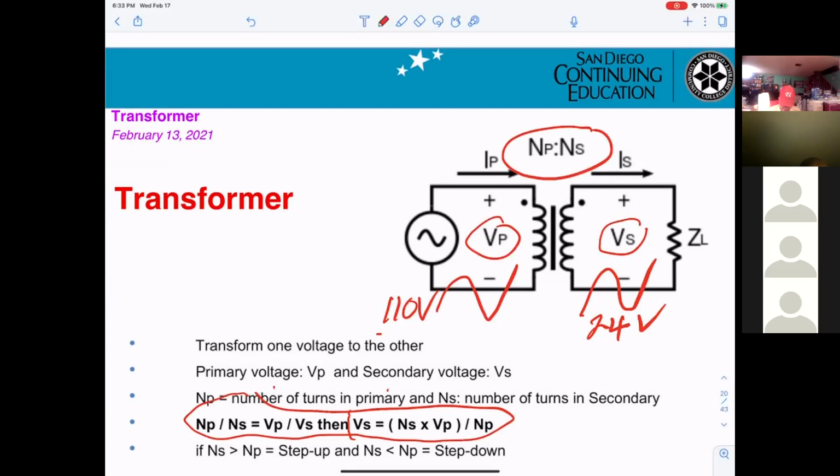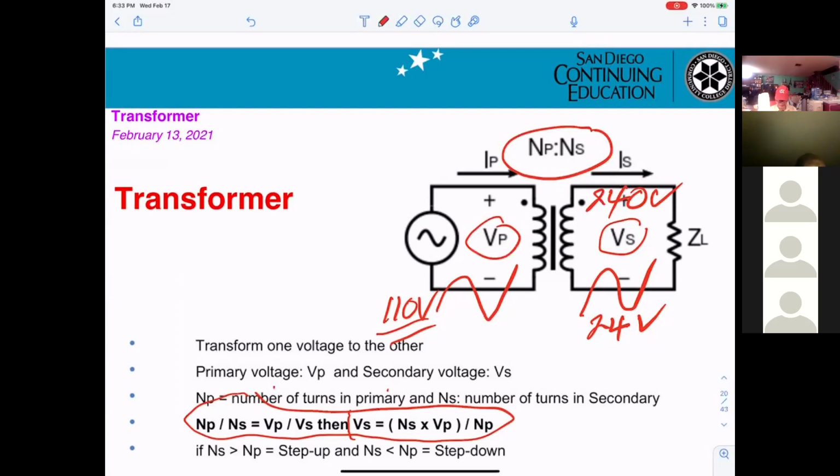However, if you get a 110 volt primary and on the secondary you get 240, now we can say it is a step up transformer. Okay? So make sure you understand, when looking into the circuit, you're able to recognize this is a transformer.